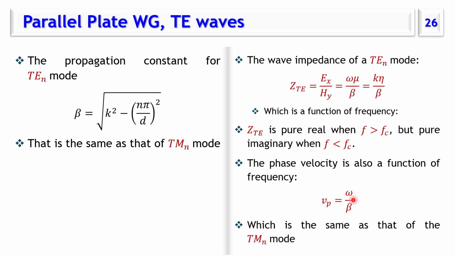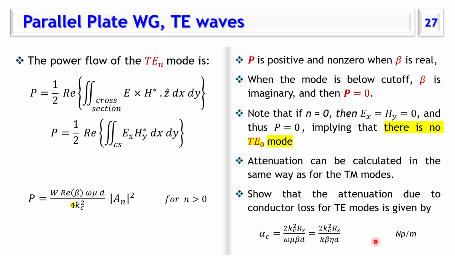So there will be no TE0 mode. The propagation constant will have this expression, and it is the same as TM n. The wave impedance would have this expression. The wave impedance is pure real above the cutoff frequency and pure imaginary below the cutoff frequency. The phase velocity has the same expression.